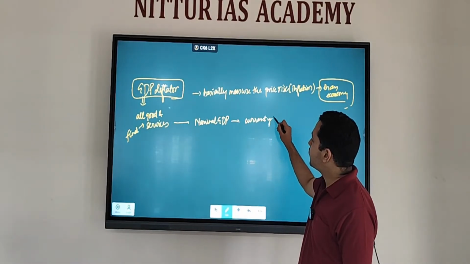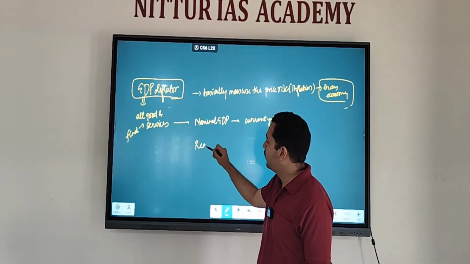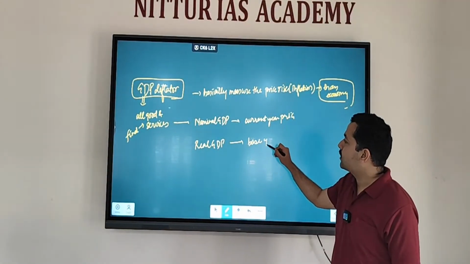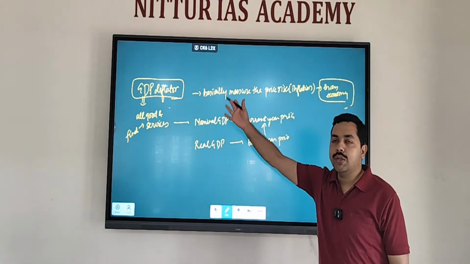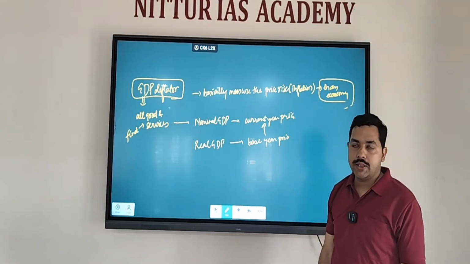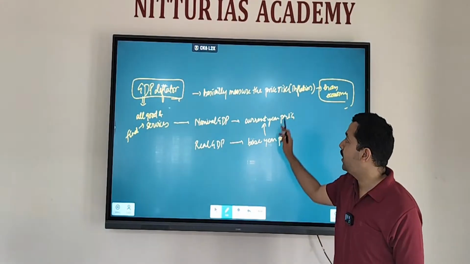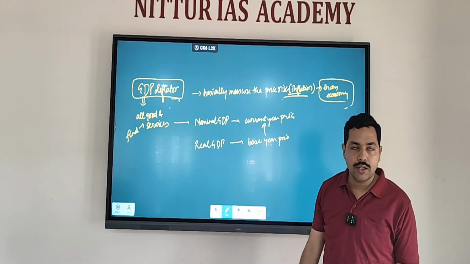Current year price. And real GDP is measured at which price? Base year price. So how much has the price increased from here to here? That can be calculated, and based on that you can find the inflation existing in the economy, or the price rise happening in the economy.